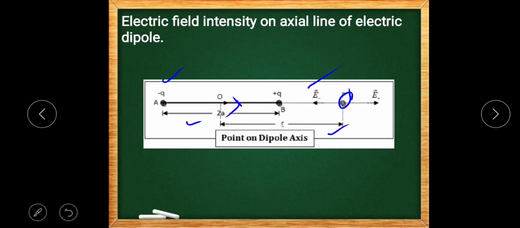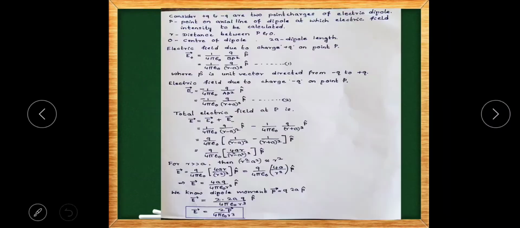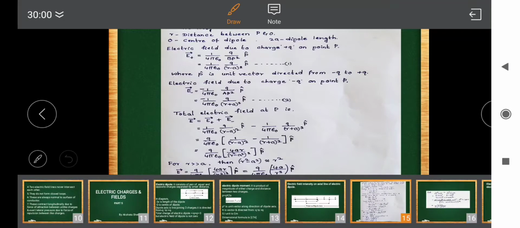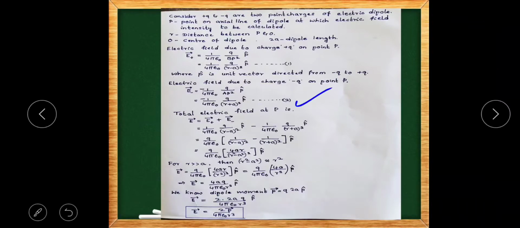Hence the negative sign is mentioned, meaning the electric field E minus is opposite to the dipole moment p. So it is equal to minus 1 by 4 pi epsilon naught, q by r plus a whole square, into p cap. It is equation 2.